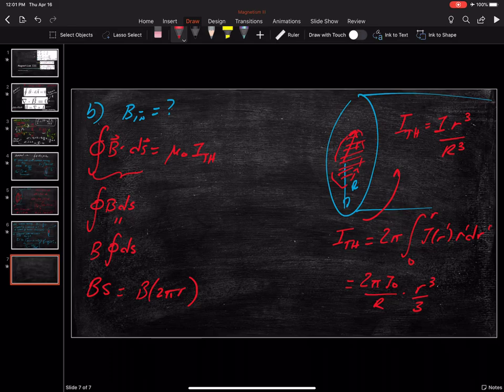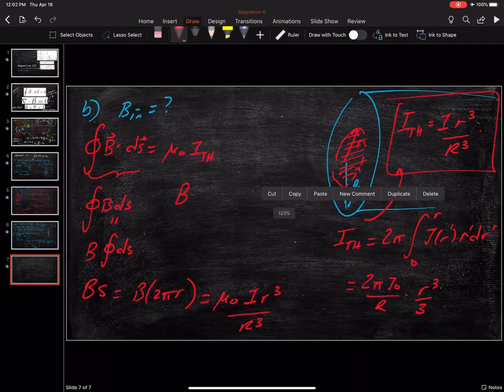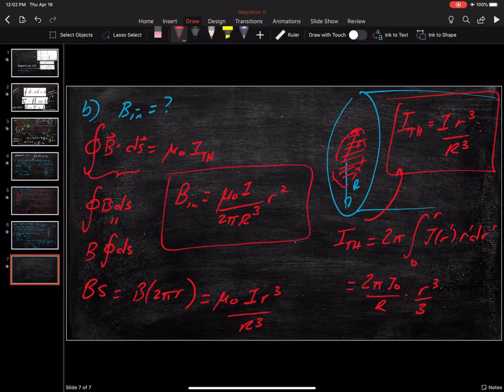Notice, when little r equals 0, I get no current. When little r equals big R, I get all the current. So it's always nice to check these answers. This should be equal to mu naught times I through, and so B inside is equal to mu naught I over 2 pi R cubed times r squared, and it circles around.